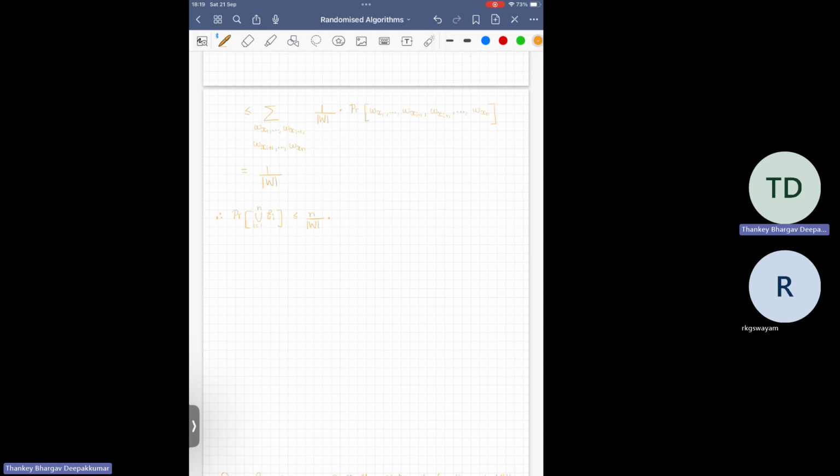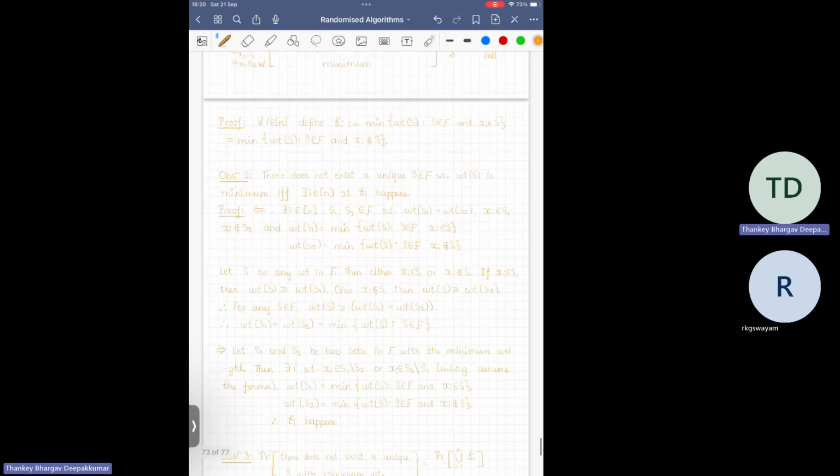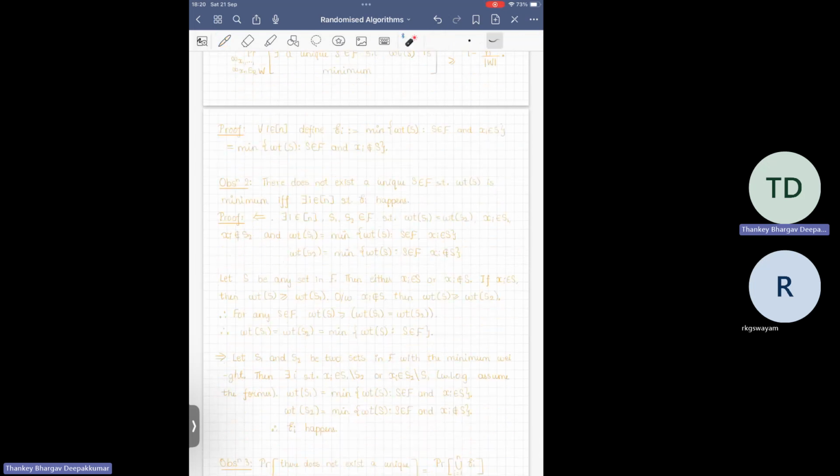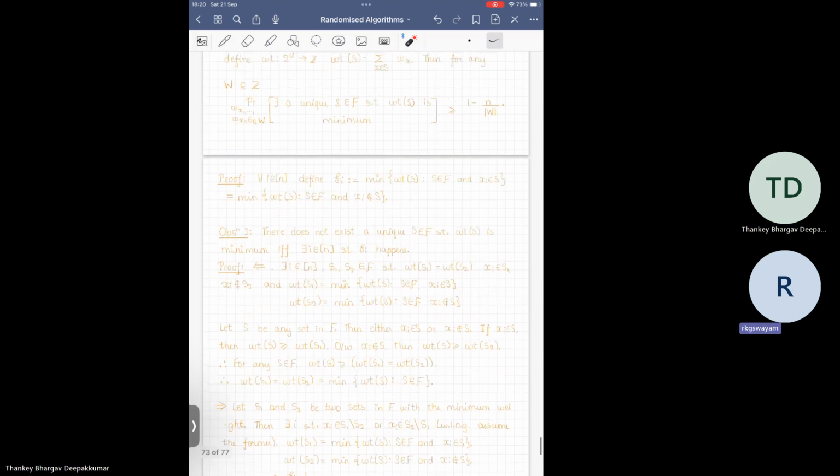And from observation two, we saw that this is exactly the probability that there does not exist a unique S with minimum weight, which is at most N over size of W. Over here, you are getting 1 over size of W from the fact that the polynomials involved are linear, and you are getting N from the fact that there will be N such polynomials.